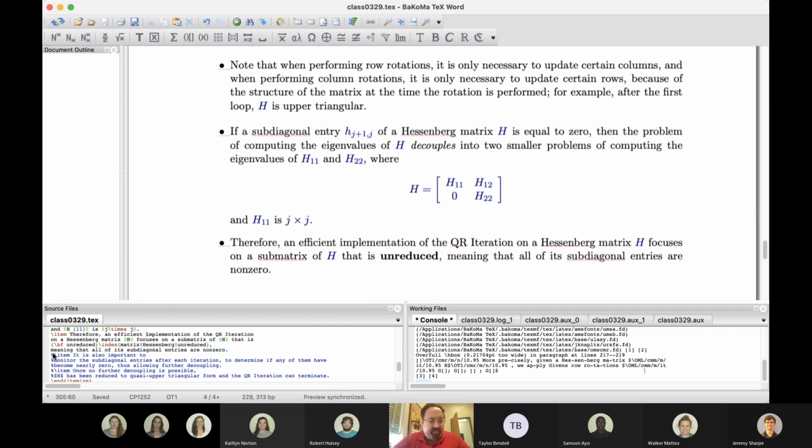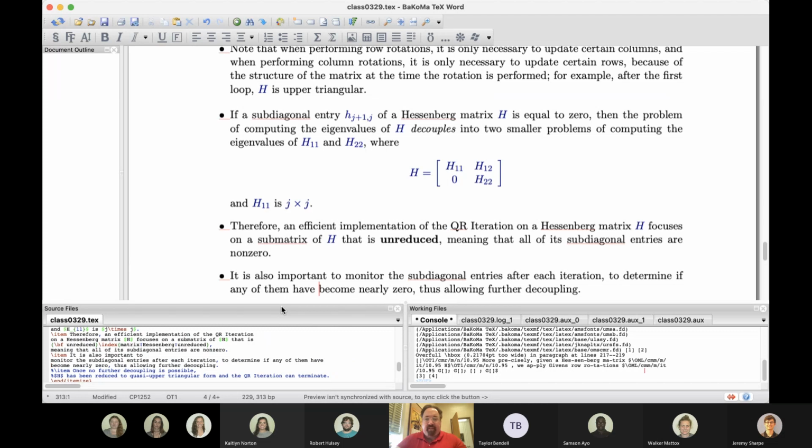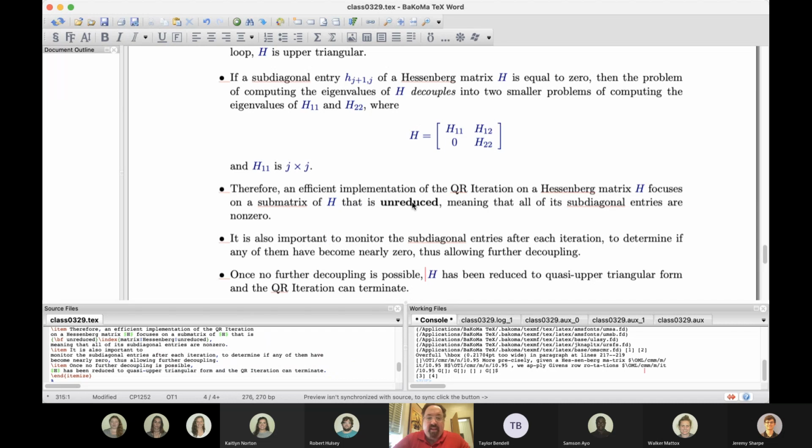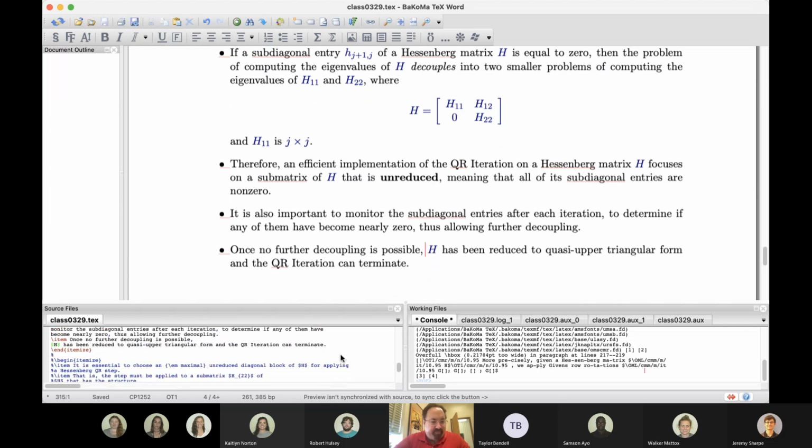So be sure to work on an unreduced block by selecting the appropriate rows and columns, because you need to keep an eye on the subdiagonal entries. As they become 0, those are opportunities for further decoupling. The problem gets smaller and smaller, because you're expending order n squared work per iteration, and that can be quite a bit if n is large. So anytime you can cut that value of n is a very good thing. And you keep zeroing subdiagonal entries until you can't anymore. Then you have that real Schur form, and you can stop.